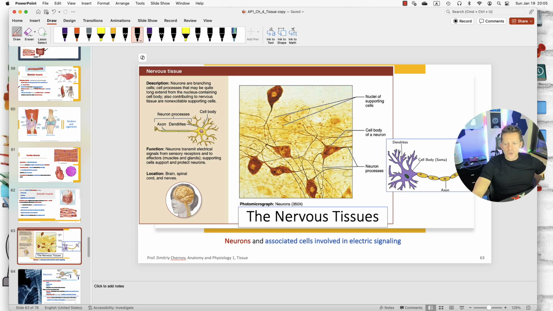Another type of tissue is the nervous tissue. The nervous tissue is the most important one. It's part of the central nervous system, the peripheral nervous system, the autonomic nervous system. We will spend a lot of time on the nervous system, but basically through the nervous system we send an electrical impulse from one place to another, from the brain to the muscle.